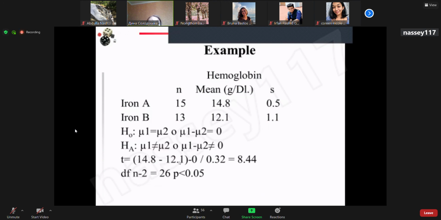And we say that our t is 8.44, which is very large. So it means that there is a difference between groups because t is more than 3, more than the critical value.